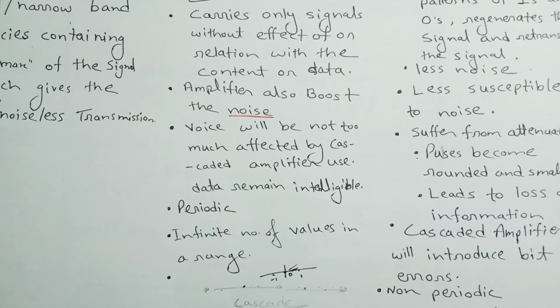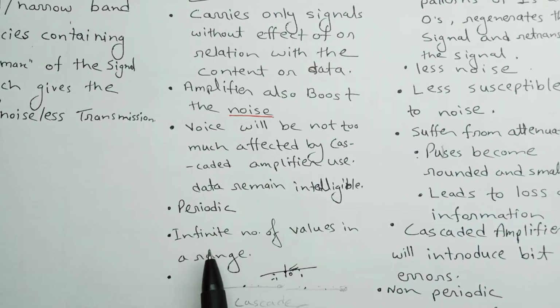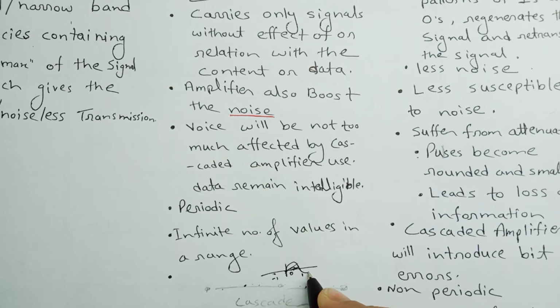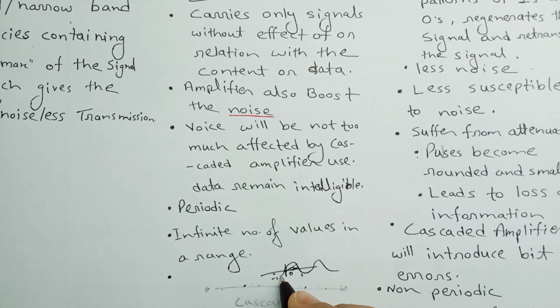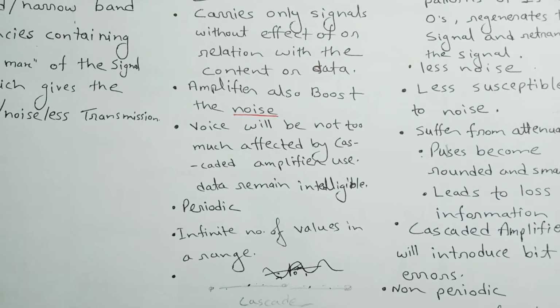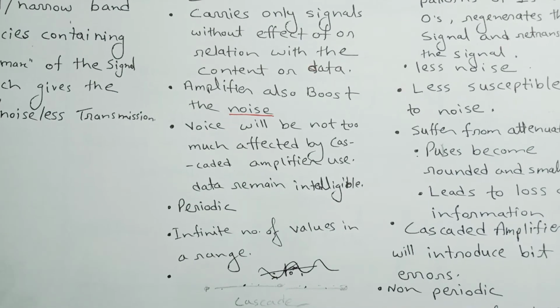So there is an infinite number of values in a range. This is continuous.